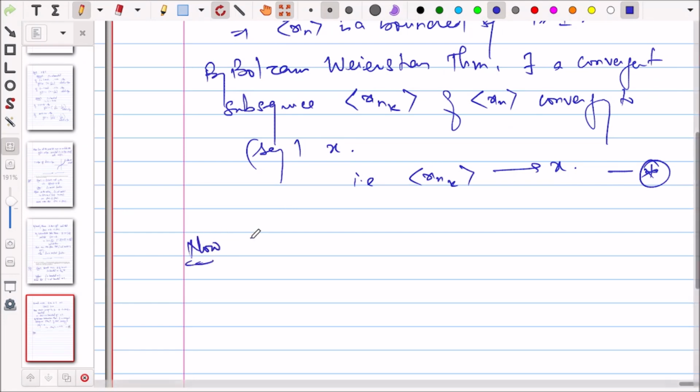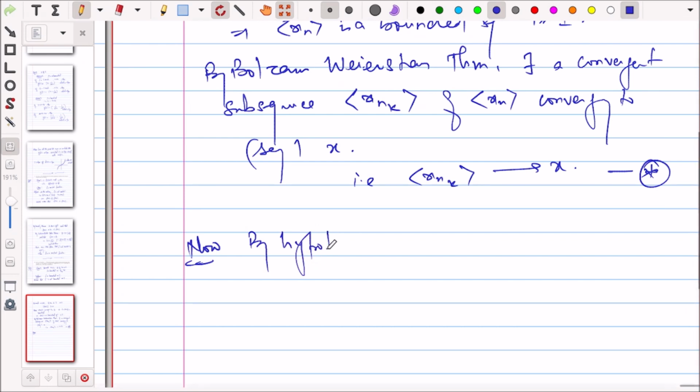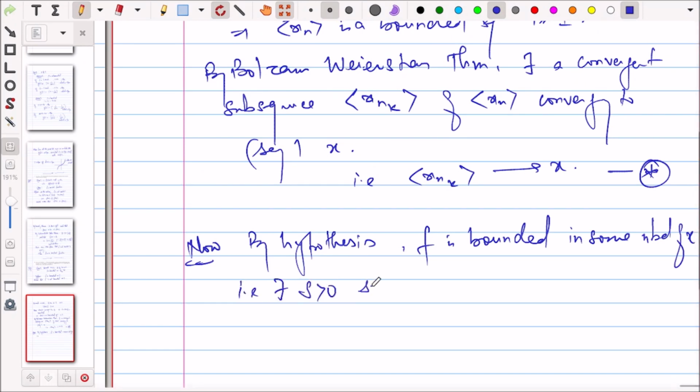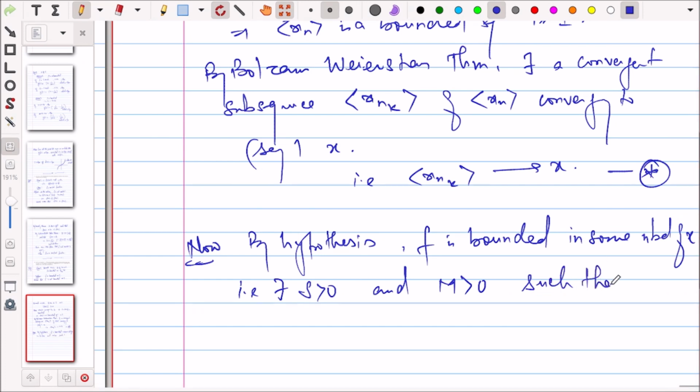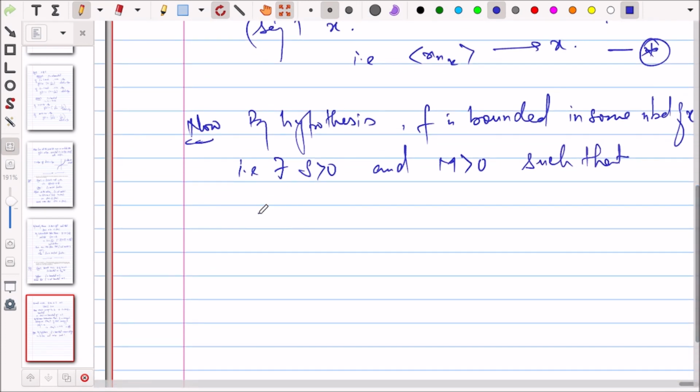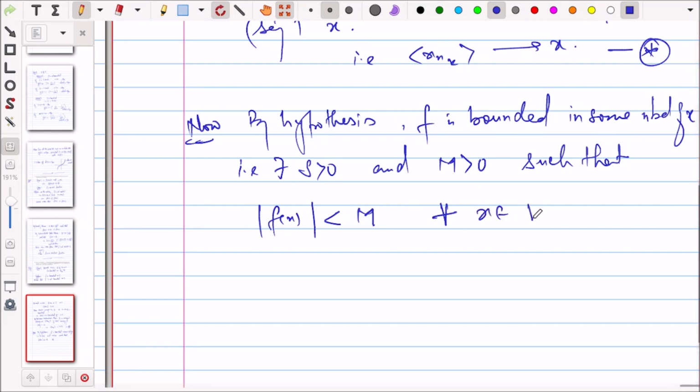Now by hypothesis, f is bounded in some neighborhood of x, that is, there exists delta greater than 0 and M greater than 0 such that |f(x)| is less than M for all x belonging to the V_delta neighborhood of x, mark it as star.